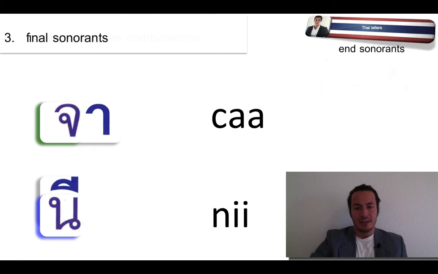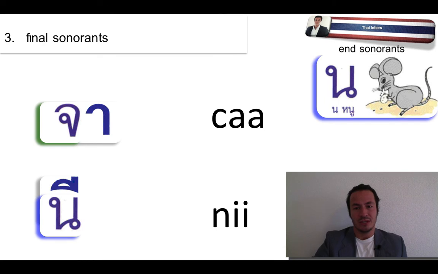Now what we can additionally do is add end consonants to these syllables. So in this lesson I show you how to use the end sonorants, and what that means will be shown later on. So we take, for instance, the nanu again and place it at the end of both syllables.